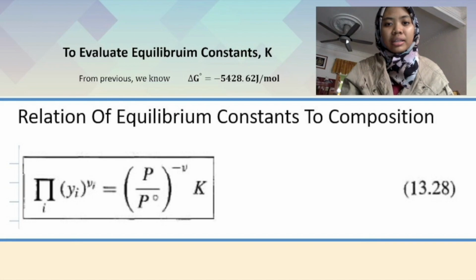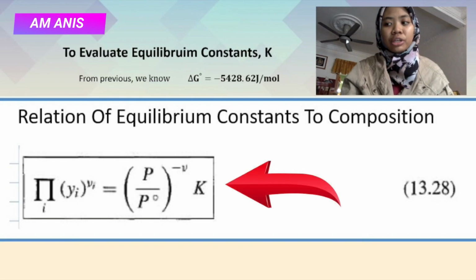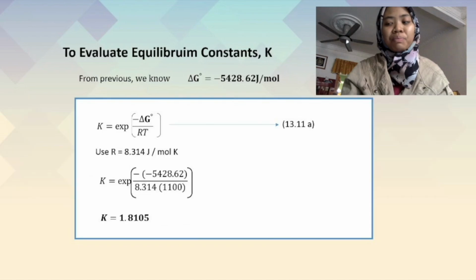Now we will calculate the value of equilibrium constant K. By using these equations, relations of equilibrium constant to composition, we know that in order to get the compositions of each species in these questions, we need to find the equilibrium constant K value. From 13.11a, we know that K is equal to exponent negative delta G over RT.